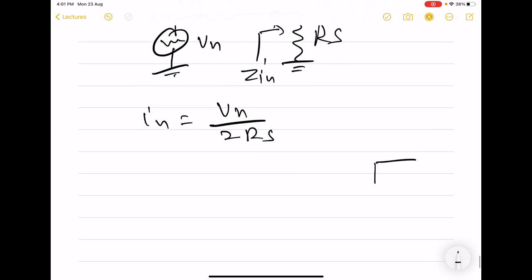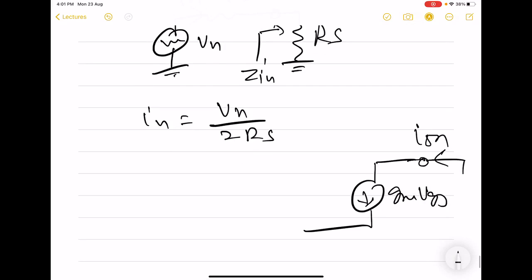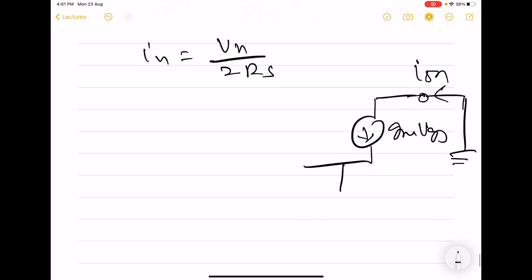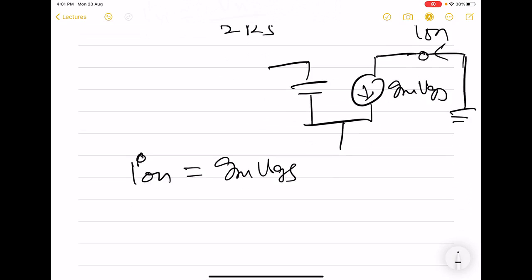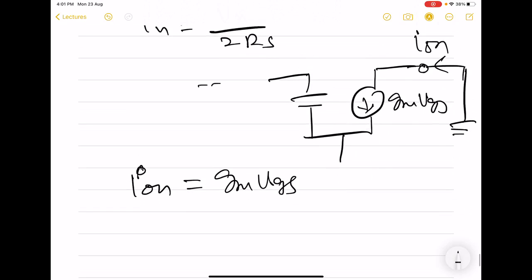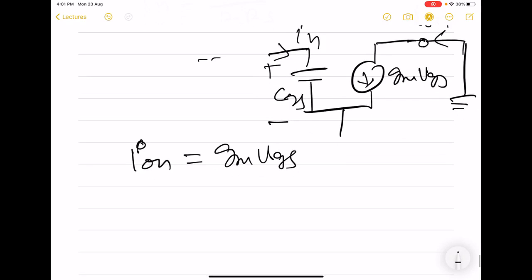And recall that ION was simply the short circuited current, and this was equal to GM into VGS. So ION is equal to GM VGS. And what is VGS? VGS is the current IN flowing through CGS. So VGS is IN into 1 by j omega CGS.